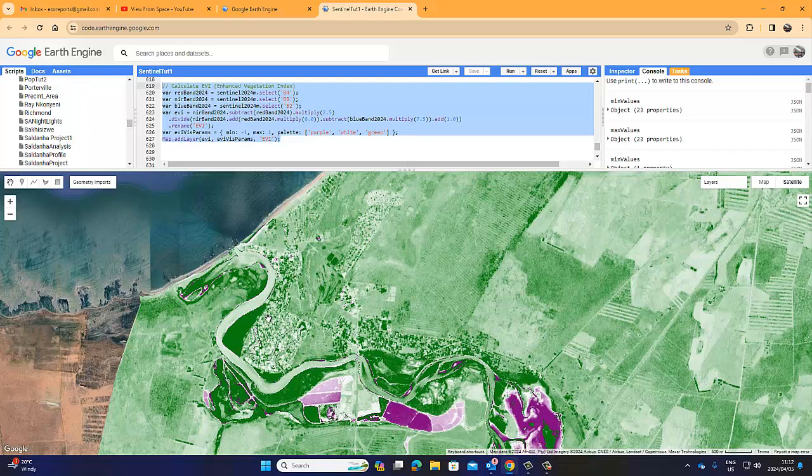As I said, the EVI is in general widely used and preferred over the NDVI, but it's still possible to use the two together. So that's the EVI: red band, near infrared band, blue band.